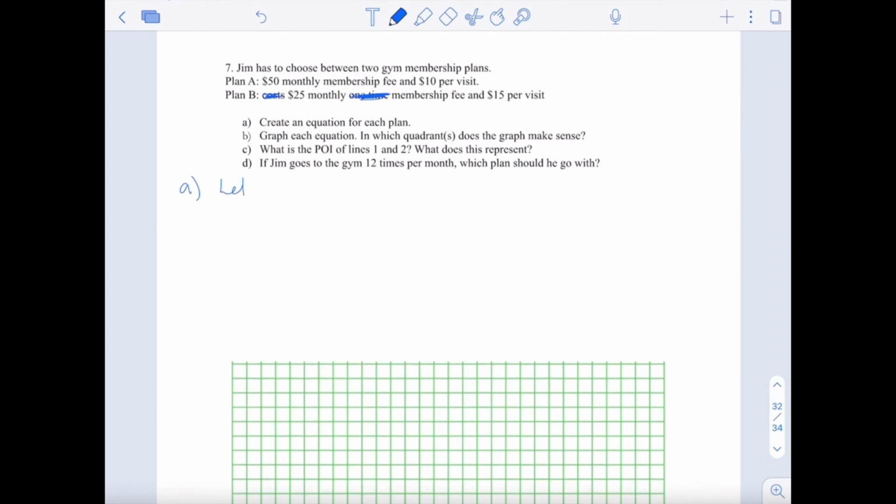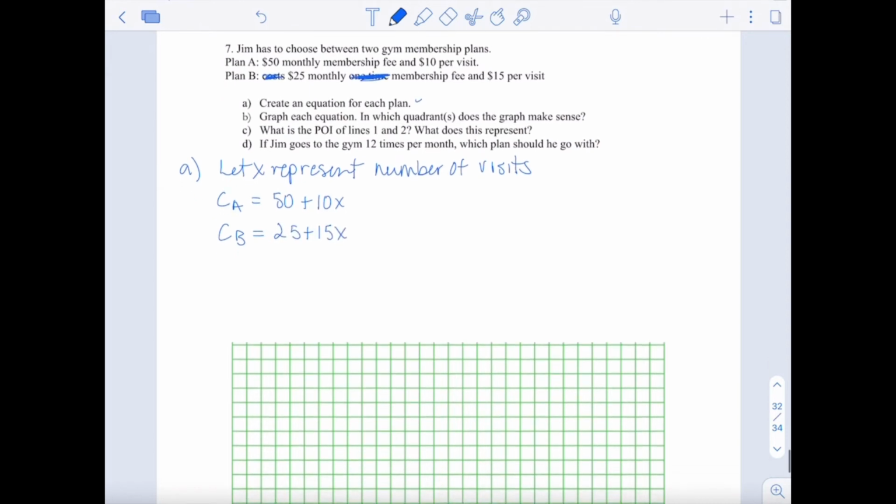So if we let x represent number of visits, okay, cost A, I'll just make it a little subscript A, is going to be 50 plus 10x. Cost for gym B is going to be 25 plus 15x.